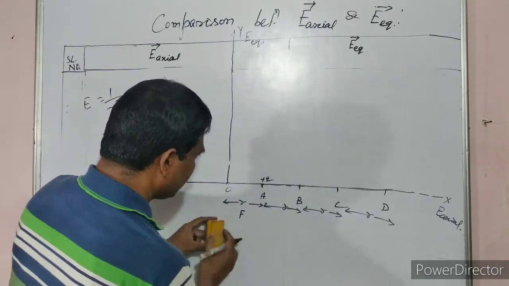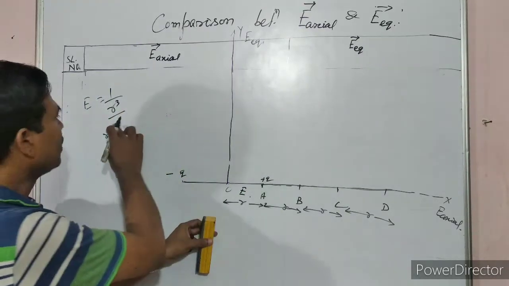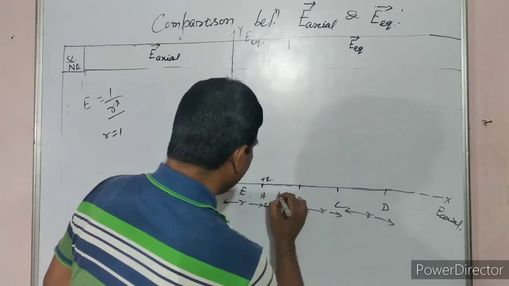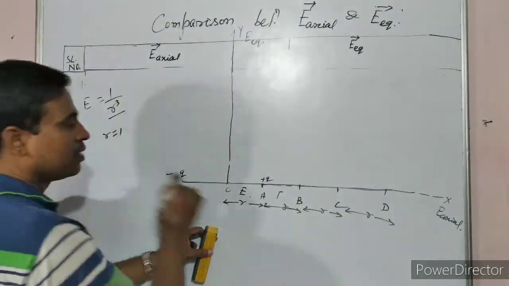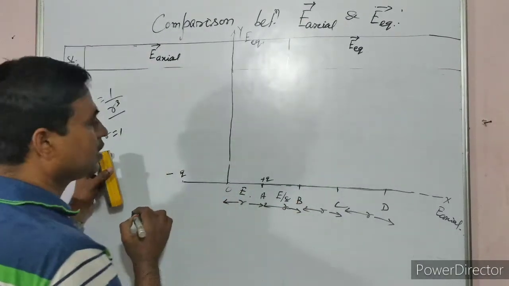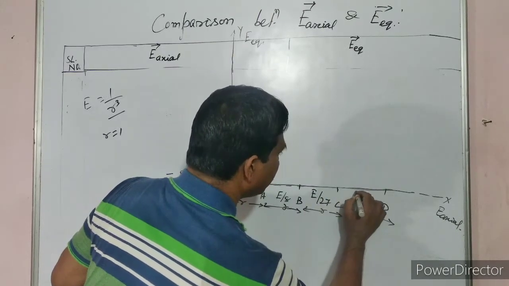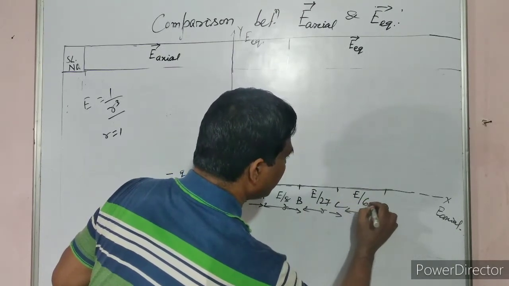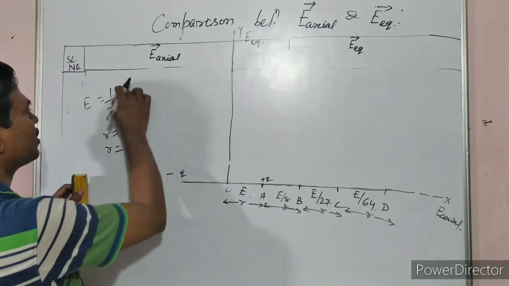Suppose it is E. If R is 2, it is how much? 1 by 8, so E by 8. Then 3 cubed, so it is E by 27. Then E by 64. Can you understand? I am just taking R equal to 1, 1 cubed.